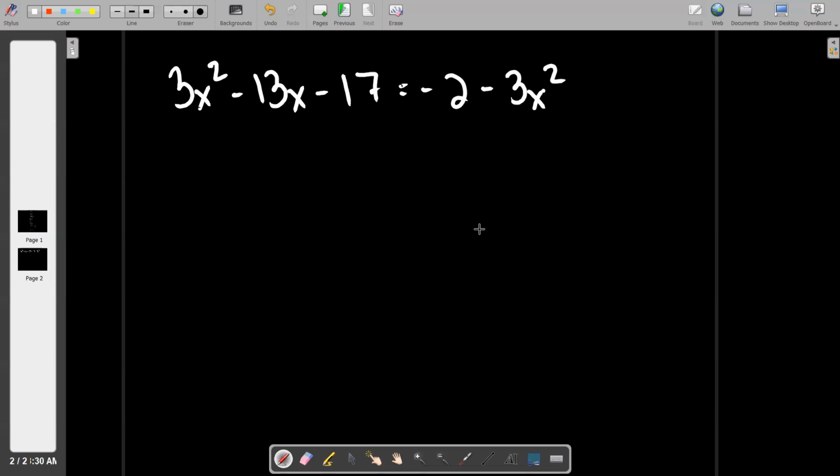So having said that, if we add this 3x squared across, and we add this 2 across, I feel like we're well past the point in the year where we have to show the little plus 3x squared on both sides. If I move the 3x squared, how many will I have?